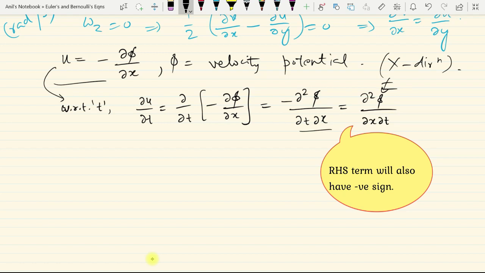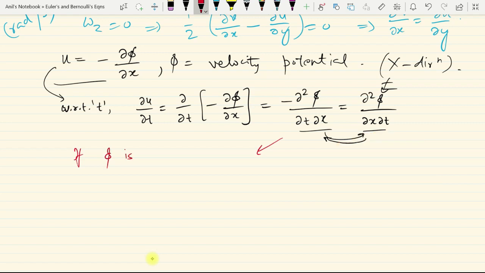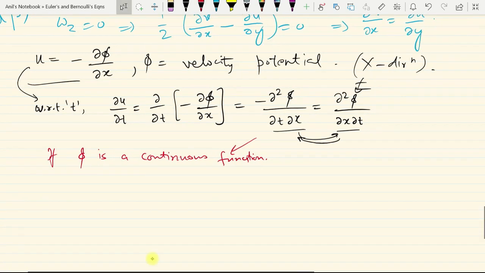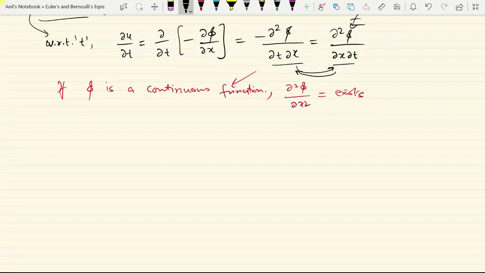Means we can switch the order of differentiation. Well, that is possible if phi is a continuous function. Apart from this, it should also be true that the second derivative of phi should exist. It should exist.